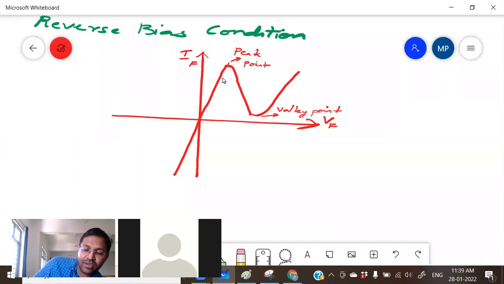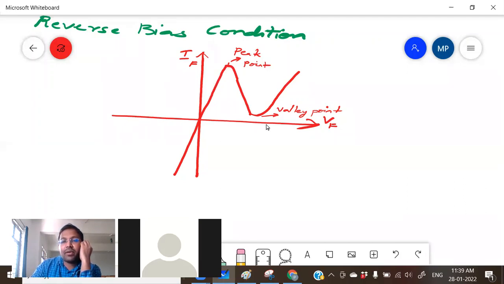You know, the reciprocal of conductance is resistance. When a value is negative, its reciprocal is also negative. Suppose minus 2, the reciprocal is minus 1 by 2, both are negative. So ultimately what I am trying to say is before the peak point, it is exhibiting positive resistance because di by dv, slope, is positive.